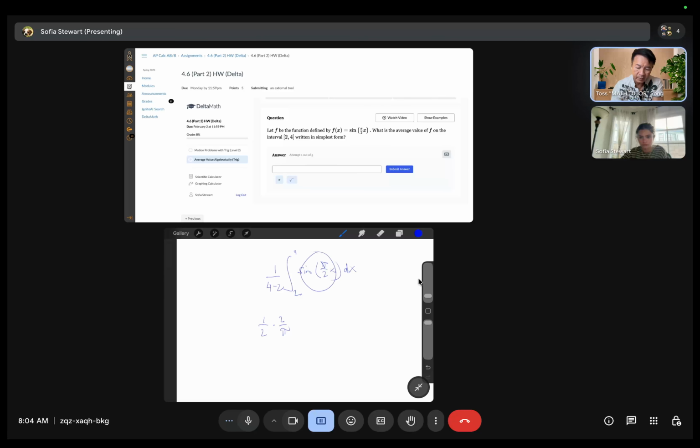Okay, let's integrate that first. The integral of sine, that would be cosine, but is it positive or negative? Negative. Okay, because if I take the derivative of cosine, it will be a negative, right? It will have to counter. That's why it's a negative.